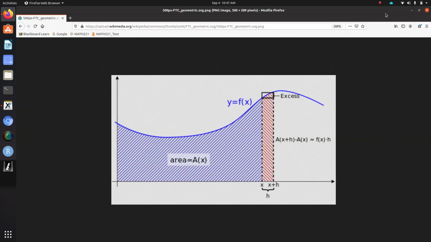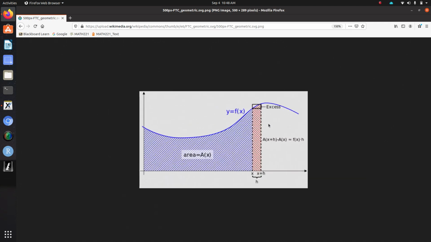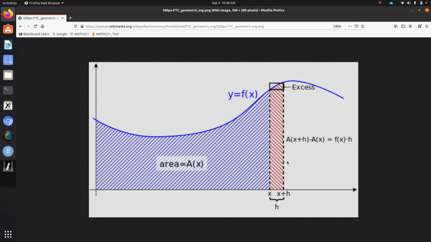Here's a cute picture from Wikipedia. They're using capital A the way I'm using capital F, except of course they're starting down here at the bottom where the area at the start is 0. And what's happening is this red rectangle is sliding to the right. As it slides to the right, the area is getting accumulated.